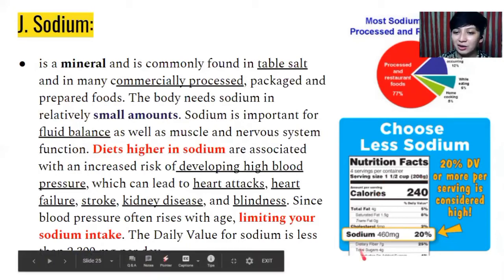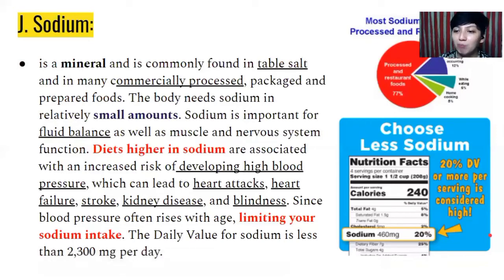Okay, and then sodium is only 20%. 20% daily value or more per serving is considered high. So when you saw that the sodium has 20% daily value, oh man, do not buy it and do not consume that food. Okay? Do not forget that.